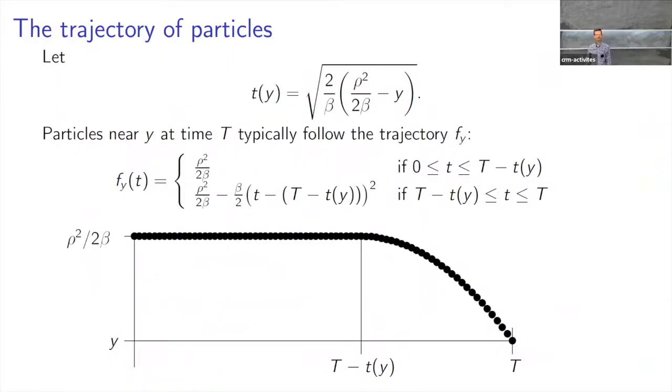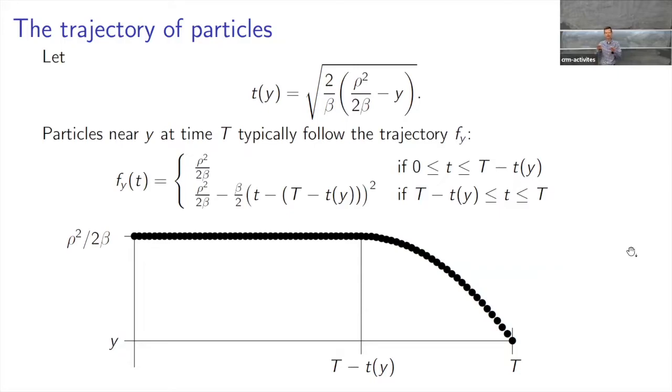Now we can also get some insight by looking at the trajectory that particles typically follow. So a particle that is near y at time t should follow close to this trajectory f_y. And the function f_y is given by this formula here. So what that is saying is that the ancestor of the particle that's near y at time t should stay close to rho squared over 2 beta until time capital T minus little t of y, at which time the ancestor starts to move closer to y following this quadratic function.